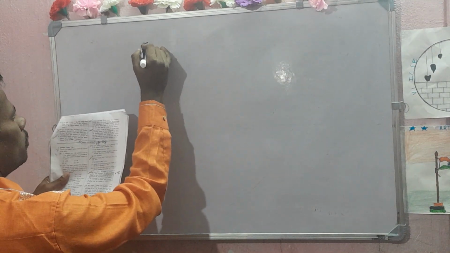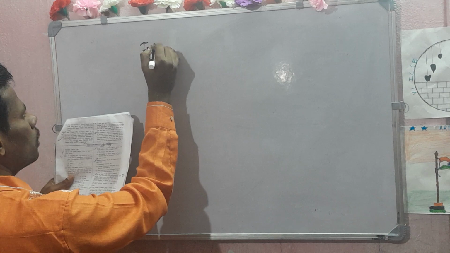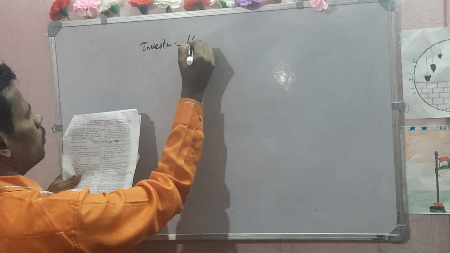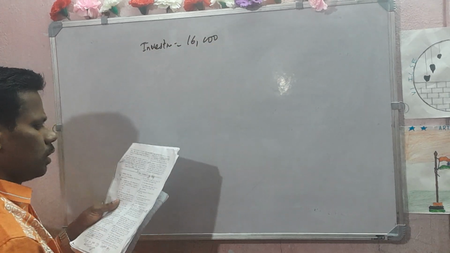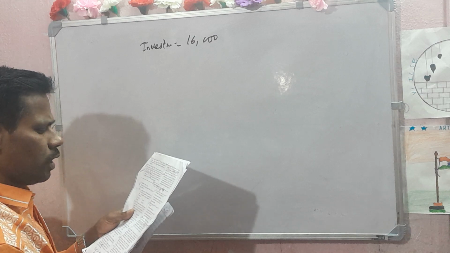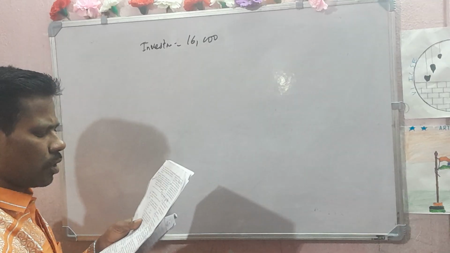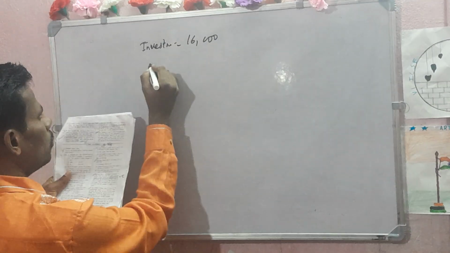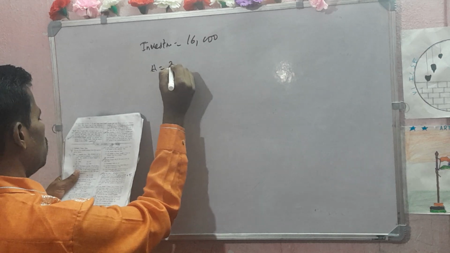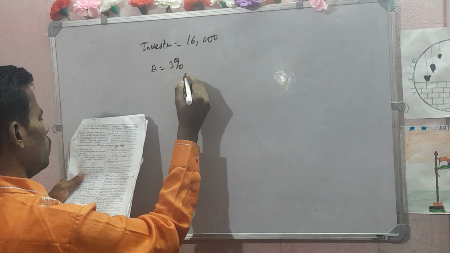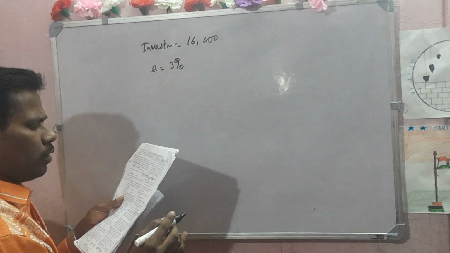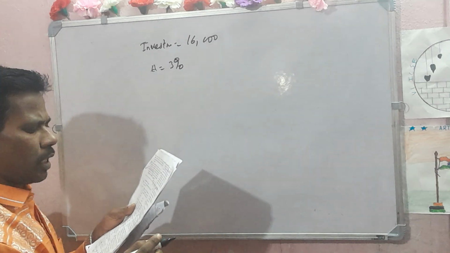So total investment is equal to, what is the investment? 16,000. Next, in buying a company, A buys 3% 100 rupees shares. So for A, what is that? 3%. And face value, A buys 3% 100 rupees shares.